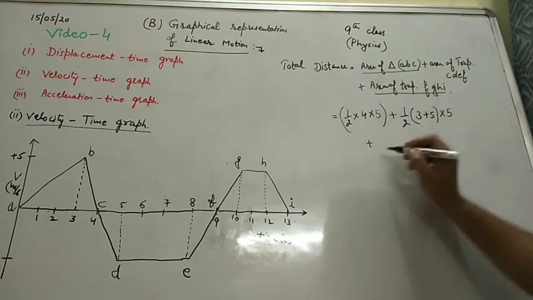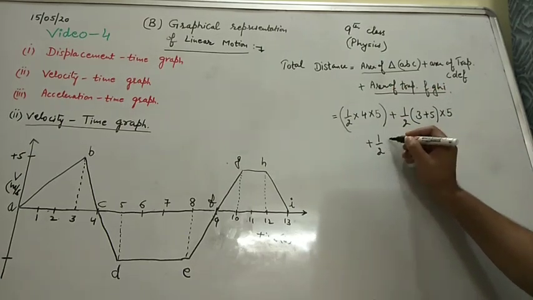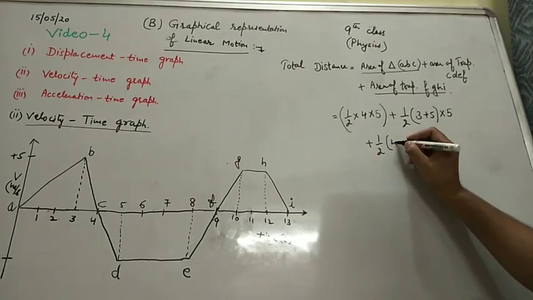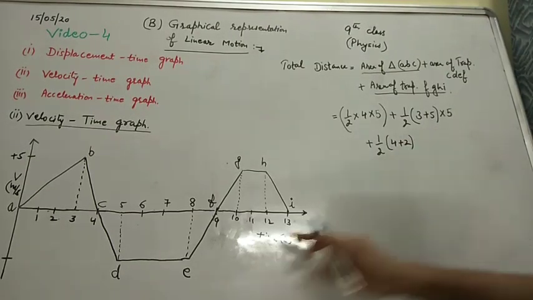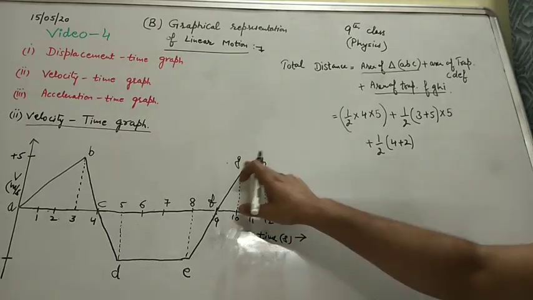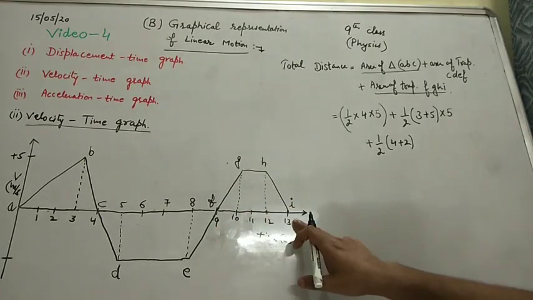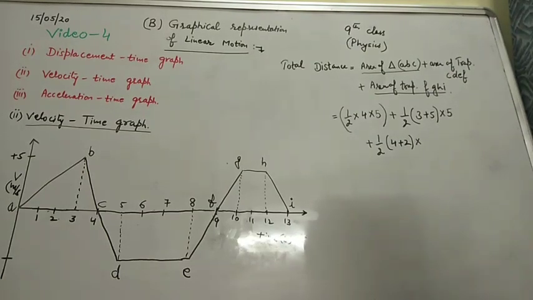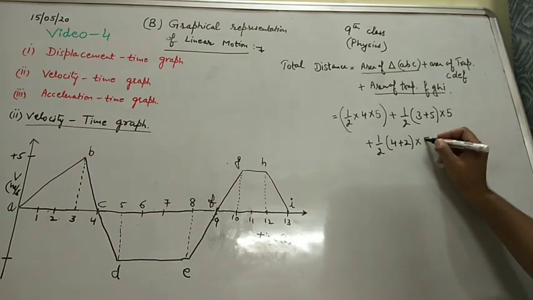area of this trapezium. Again the same formula, half into sum of parallel sides, that is 4 plus 2. This is 2 for GH, and from here to here, that is 13 minus 9, 4, into height, that is the perpendicular distance. What is the perpendicular distance? 5.